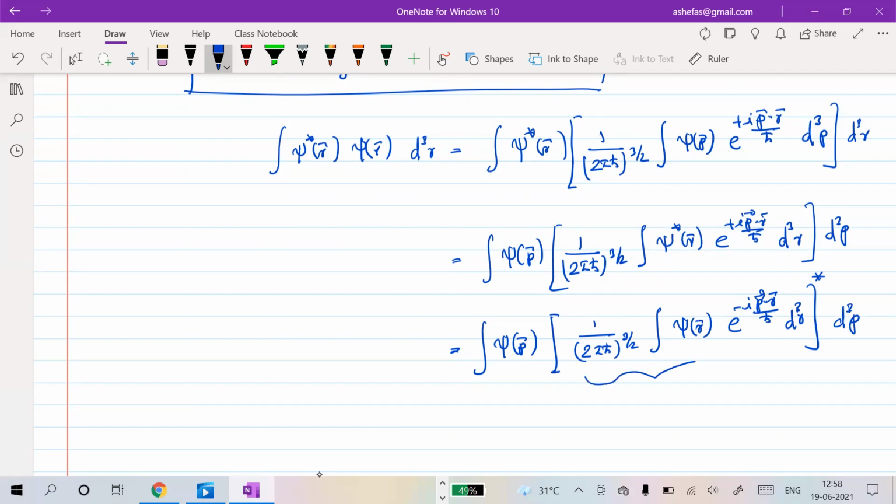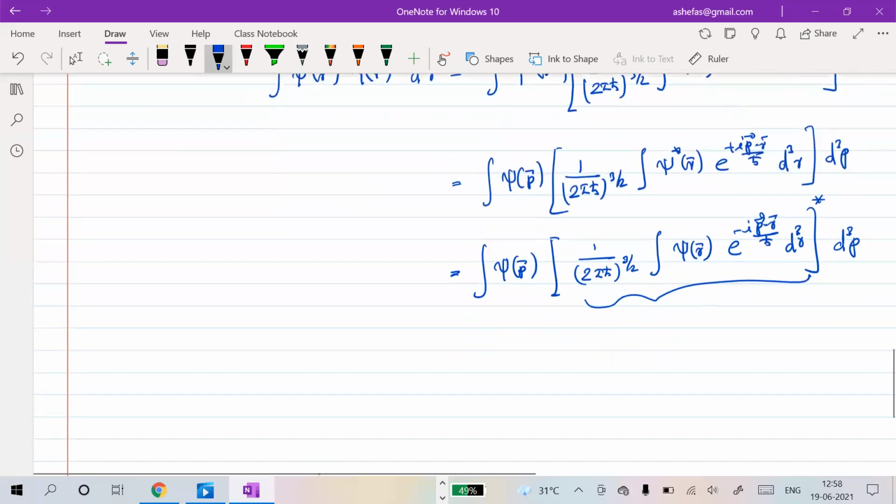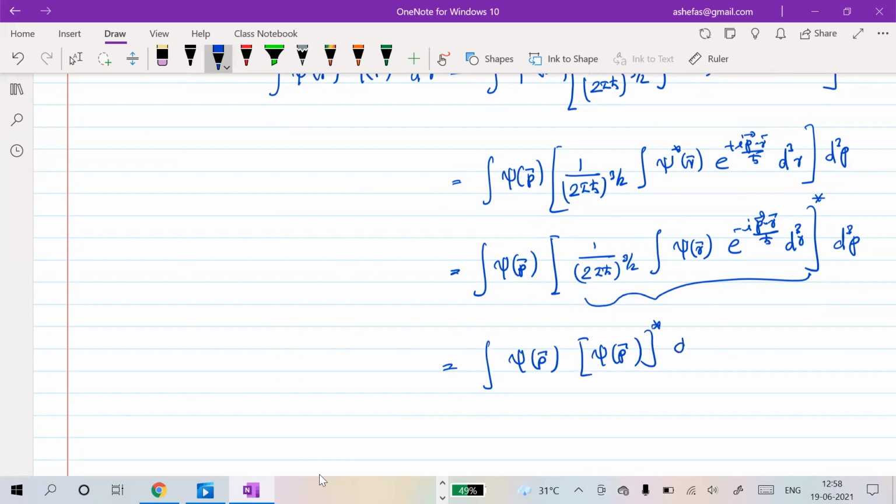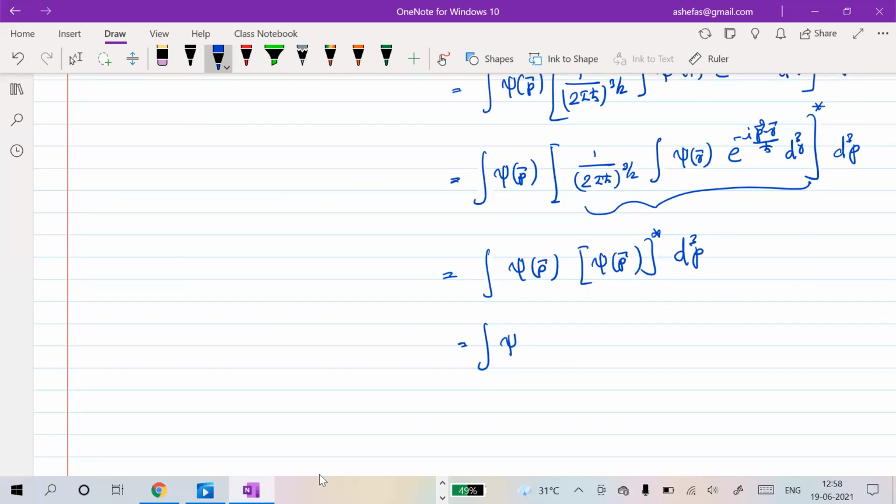Now by definition, what is the quantity inside the square bracket? It is nothing but ψ(p) according to the original definition. So this becomes ψ(p) times ψ(p) complex conjugate times d³p, or integral ψ*(p) ψ(p) d³p.